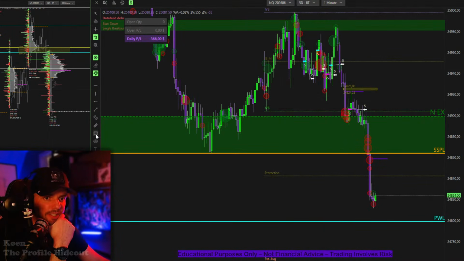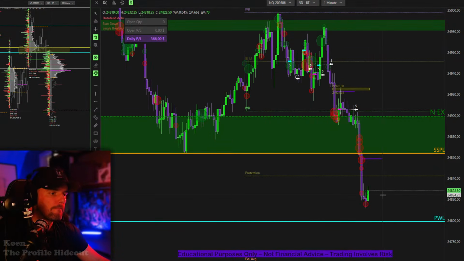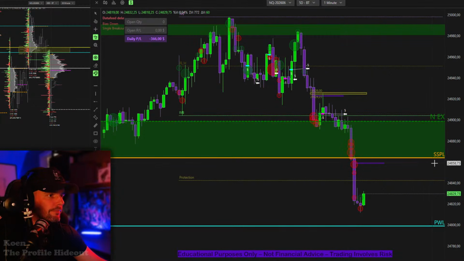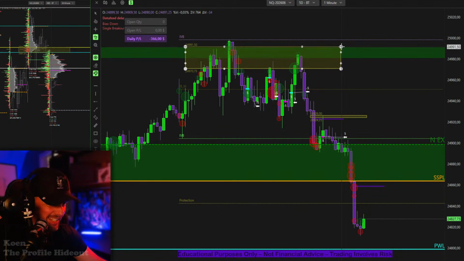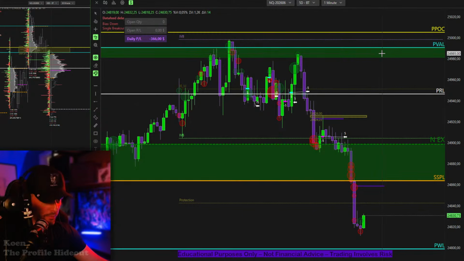I'm also trading under the IB low. So looking back, most ideal trade locations were against that level, against the value low from the overnight, also combined with value from the other day.